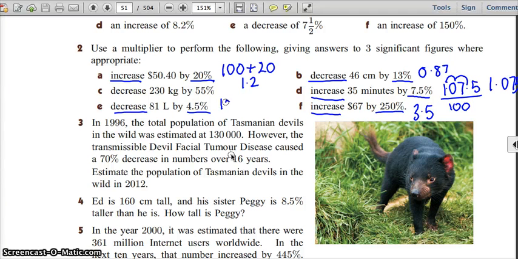I haven't got 100%. I've got 4.5% less than 100%, which is 95.5. 95.5 over 100. Move the decimal place. Well done, Damo. 0.955. Probably been through enough. I think you get the picture with that stuff.